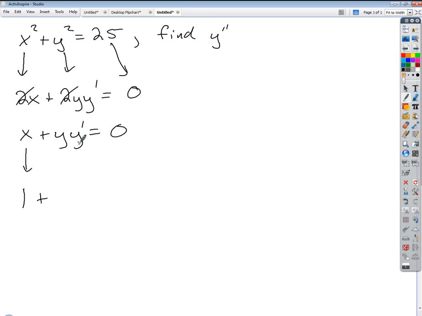So what is the product rule going to give us? We've got first times derivative of the second plus something else. What's the first part going to give us? y times y double prime plus y prime times y prime equals 0, right?